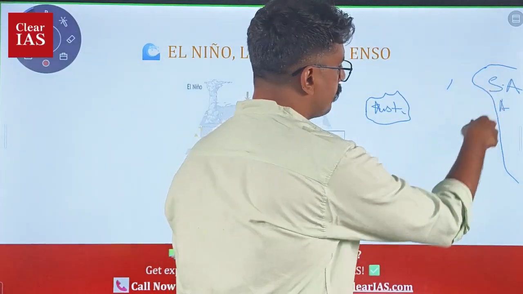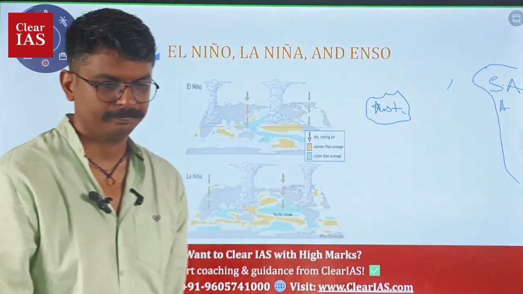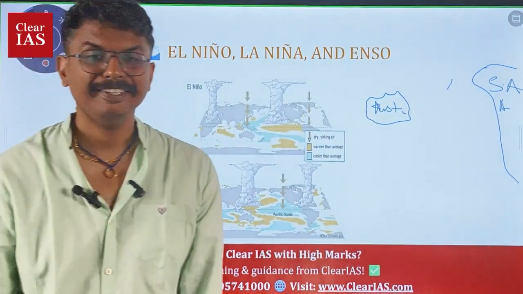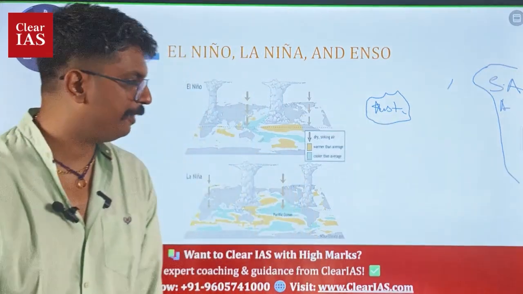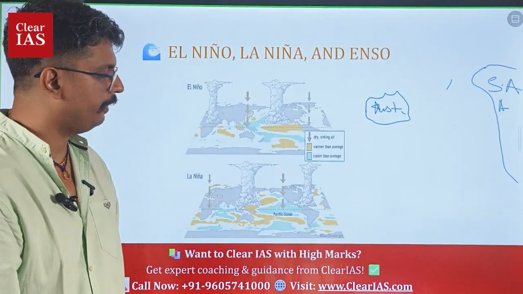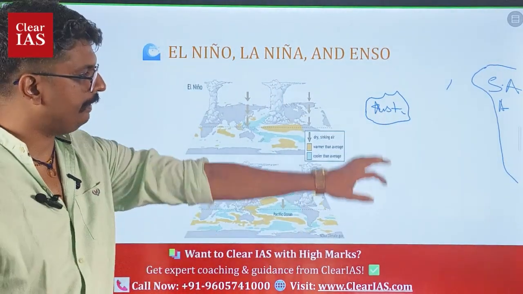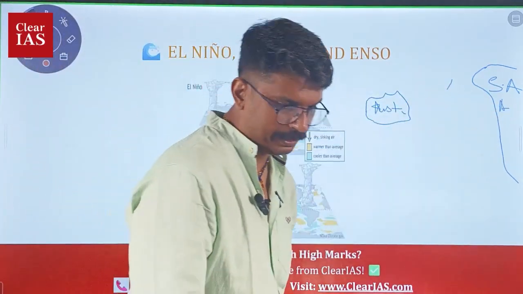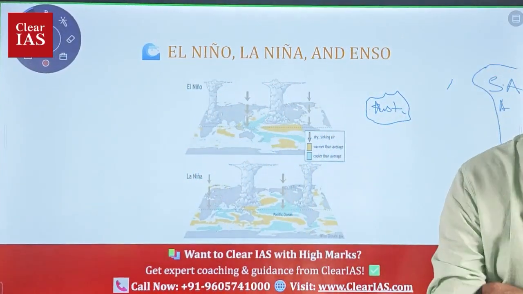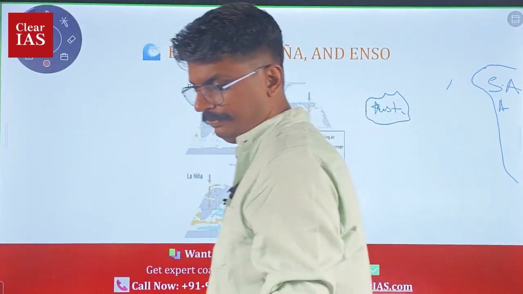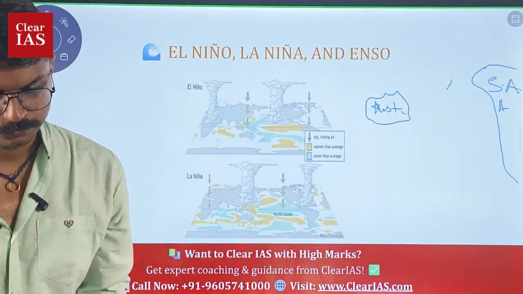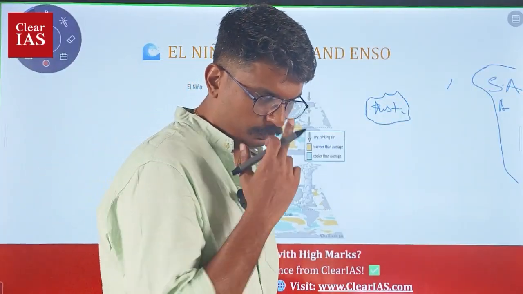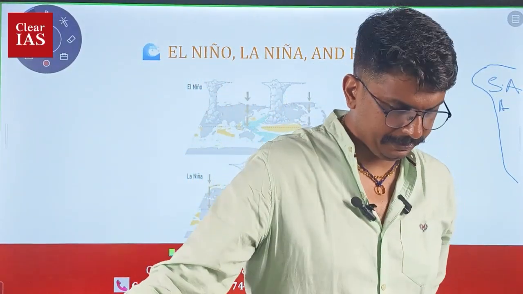So, which ocean is this? Pacific Ocean. Very, very good. Online friends, all okay with this? Australia, South America, and Pacific Ocean. Have you found out the locations? Yes or no? Yes, sir. Great.